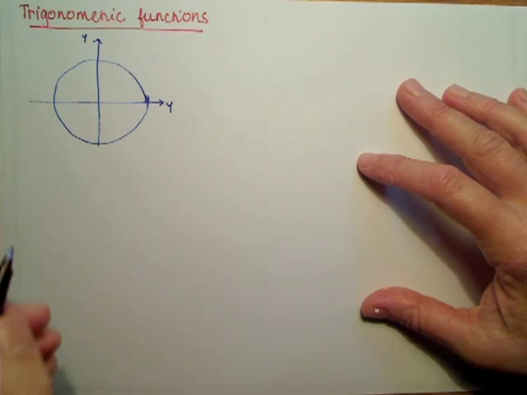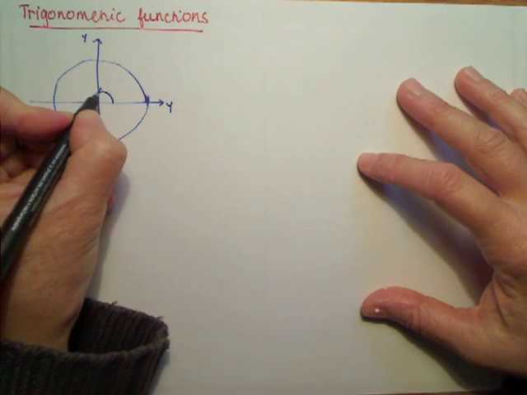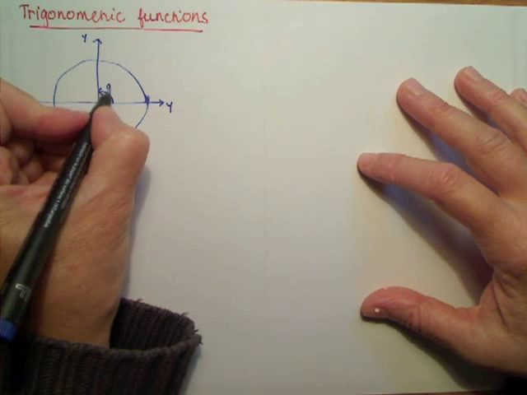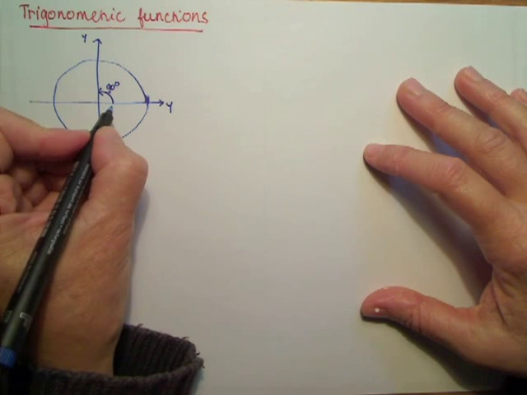Now let us recall what angles we can have. A positive angle is always counterclockwise, so plus 90 degrees is a counterclockwise angle.